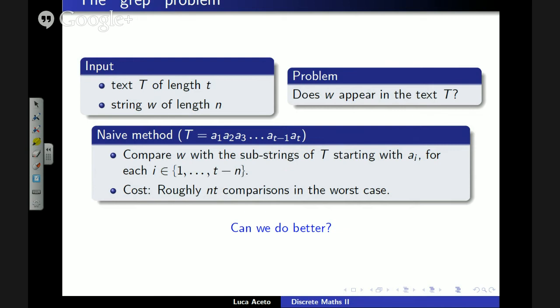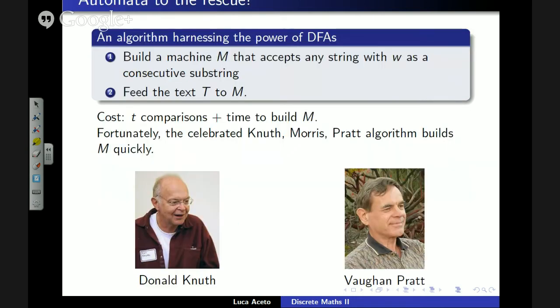The answer is yes. And who are you going to call? DFAs. That's who you're going to call. So what you do is you build a DFA that accepts any string with W as a consecutive substring.